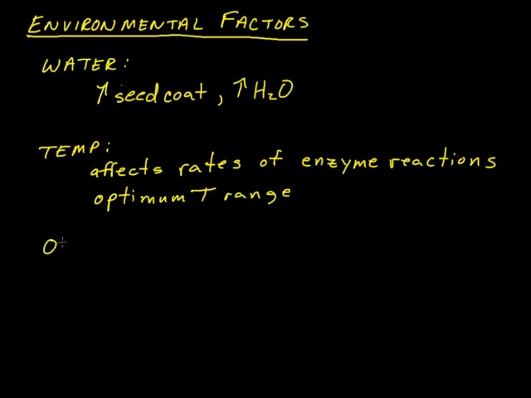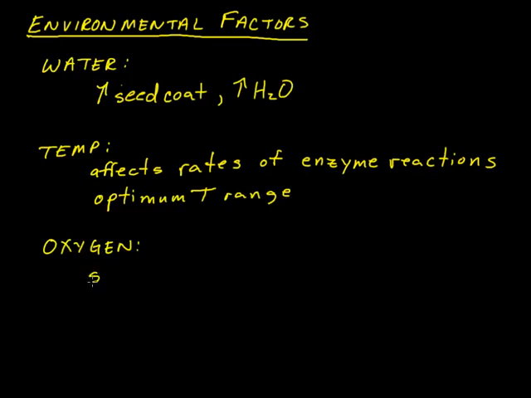Next on the list is oxygen. Oxygen, as you know, is required for respiration. The respiration going on in a seed is indeed aerobic respiration, which means by definition it requires oxygen. And as we said in the last video, respiration has to occur for the conversion of starches to sugars.